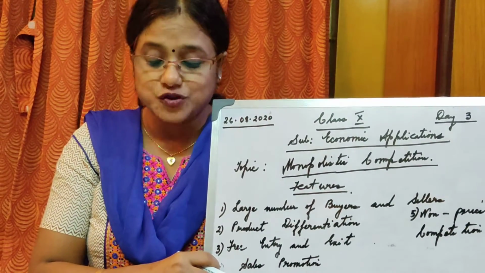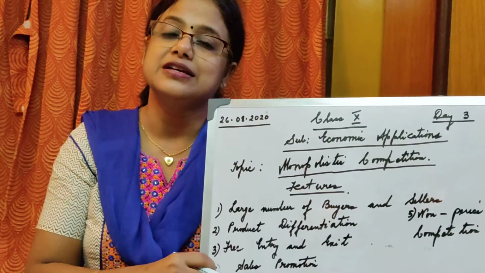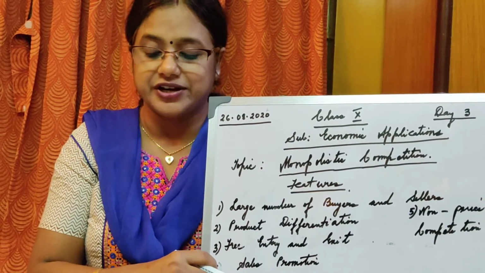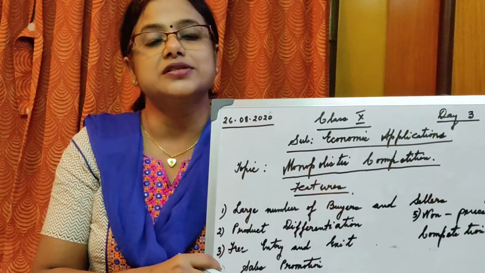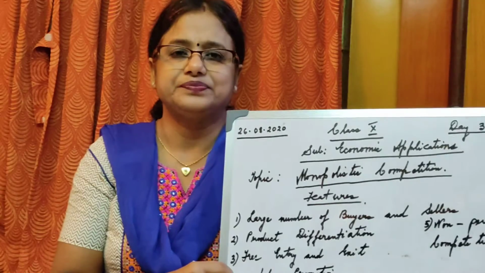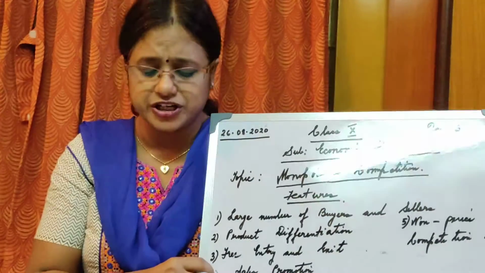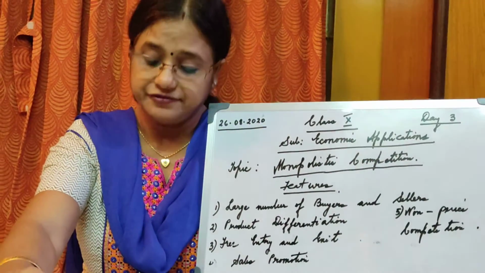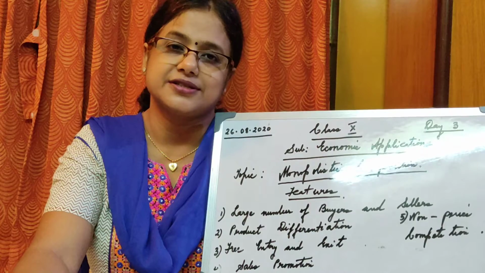They are similar enough to be regarded as the same commodity, but sufficiently different so that consumers tend to regard them as different from each other. Now this product differentiation is of two types. First, physical characteristics.